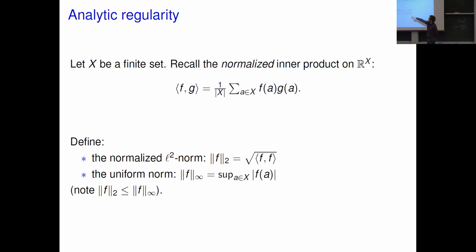I'll just remind you the uniform or sup norm is just the largest absolute value that the function takes. And it's very easy to check that you have an inequality that way. These are norms on the vector space of real valued functions on X. X will later be a V cross W, but there's no need to complicate that now.